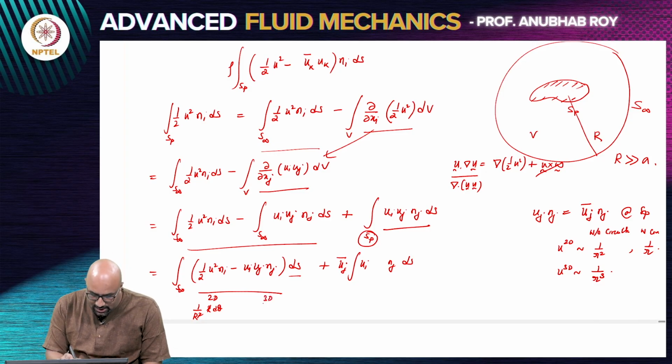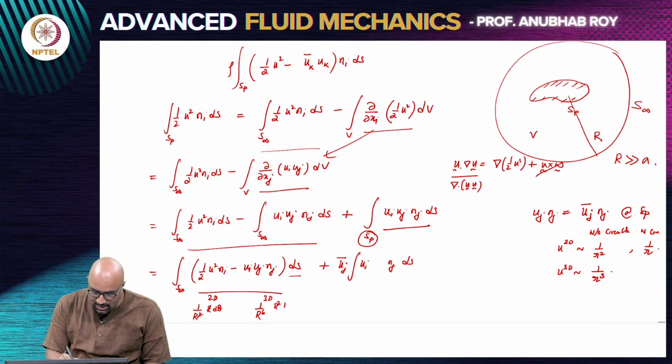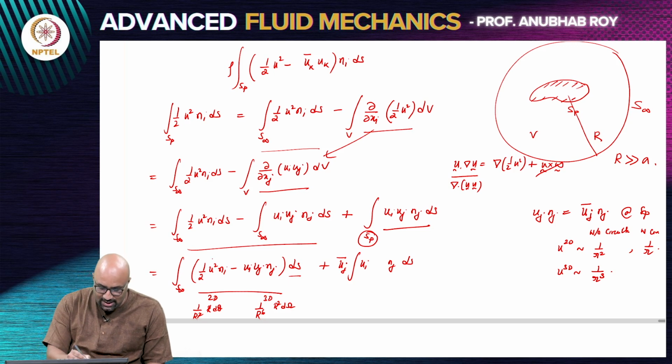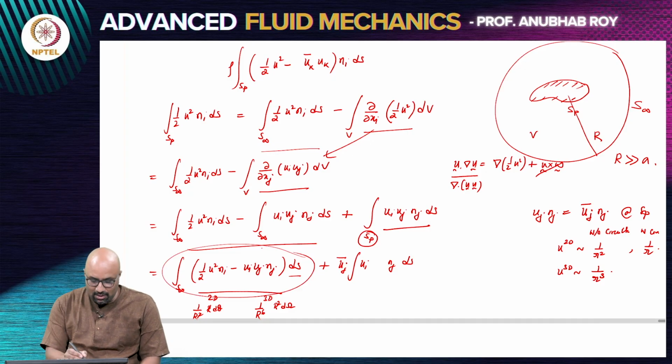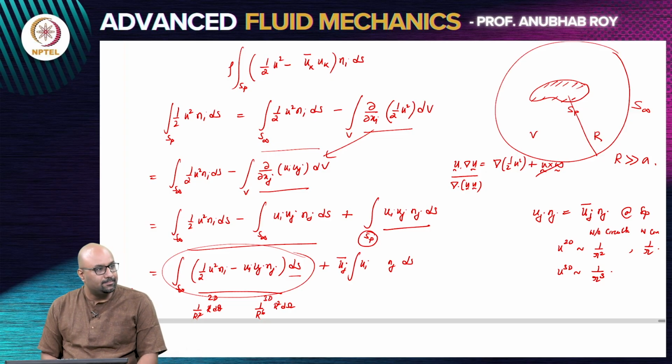In 3D, u goes as 1 by r cube, so it is a very rapid decay. So, u square will go as 1 by r to the power 6, and dS here goes as r square dΩ, which means the integral will go as 1 by r to the power 4, and it will also vanish quite rapidly. So, in either case, this first integral is going to disappear in the limit of r going to infinity.